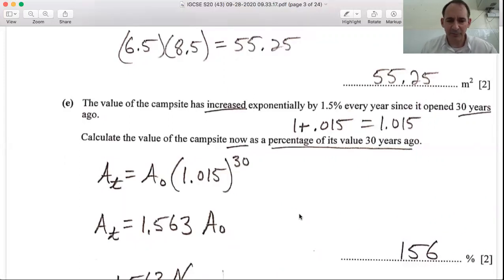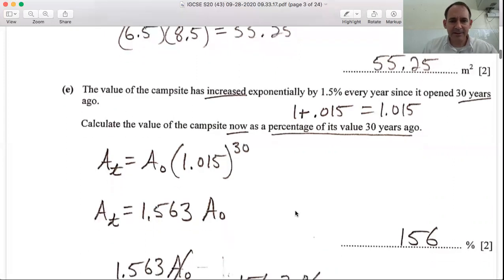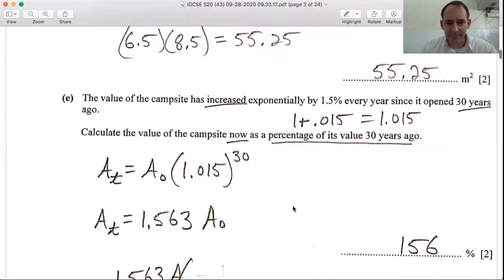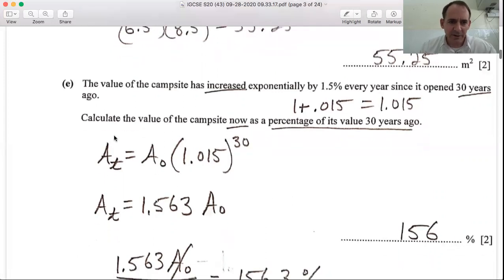It's the same formula. And calculate the value of the campsite now as a percentage of its value 30 years ago. So we want to find the value of it now, which equals its original value, which we don't know. So we just put original here.